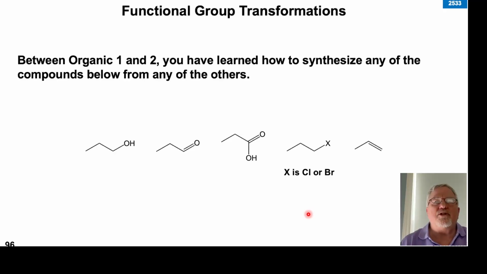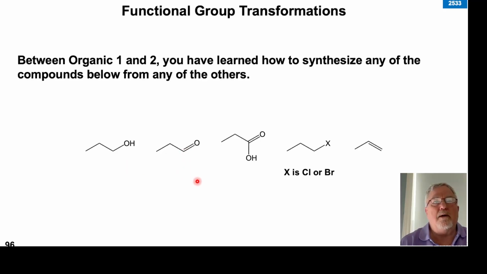Now, one of the things I want you to think about when you start doing synthesis, you're going to have to reach back into some of the reactions you learned in 2513. So one of the things that you want to be aware of is you learned how you can make any one of these from the others. If I give you ethanol, you have the ability now to figure out how to make the aldehyde from ethanol.